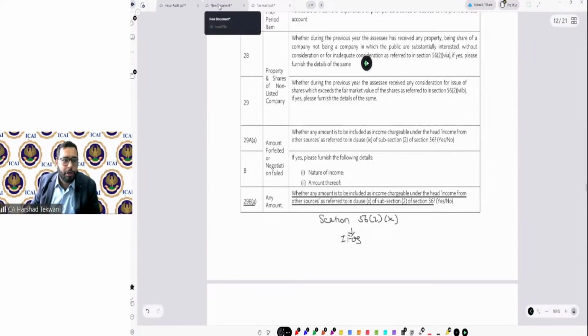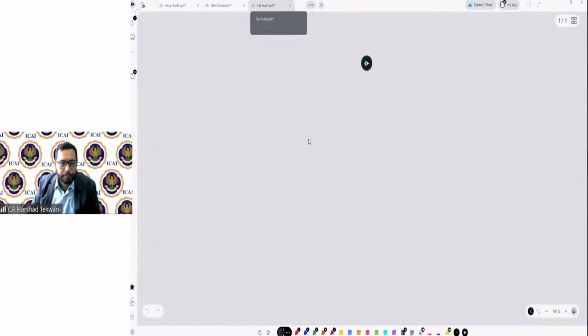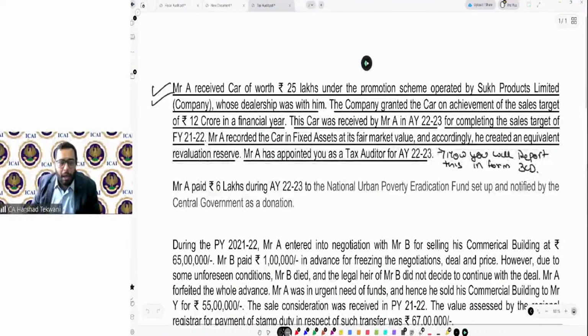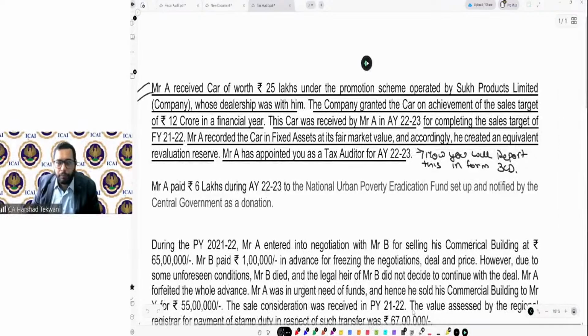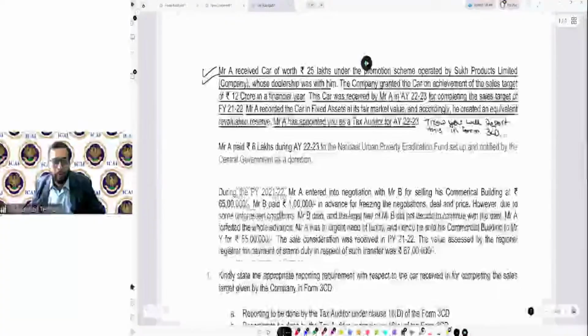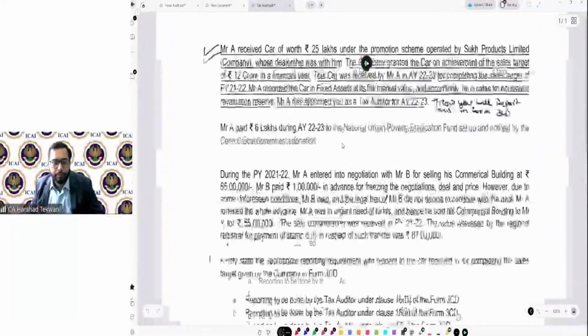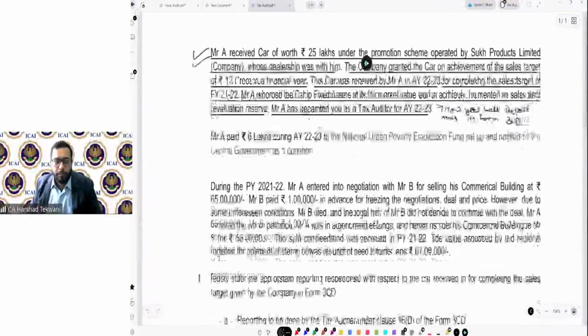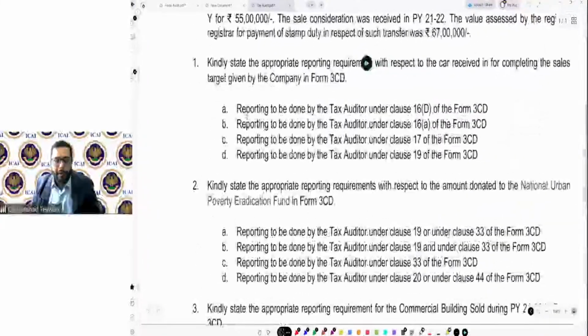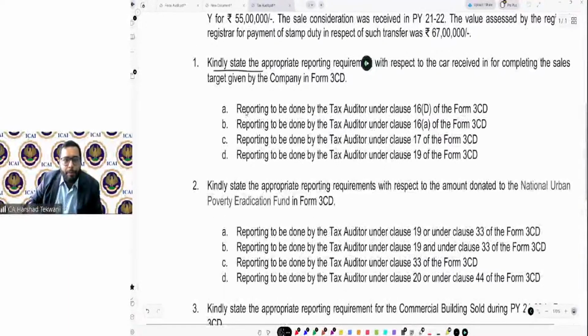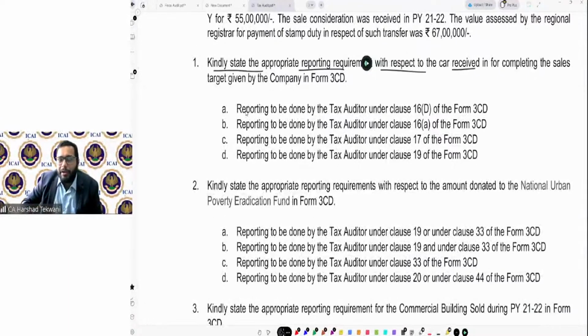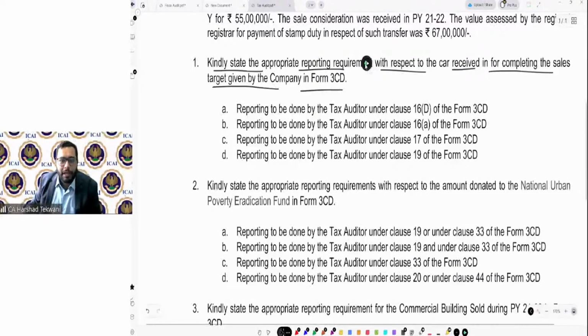Now I'll give you the options for this particular question. Kindly state the appropriate reporting requirement in Form 3CD with respect to the car received for completing the sales target given by the company.